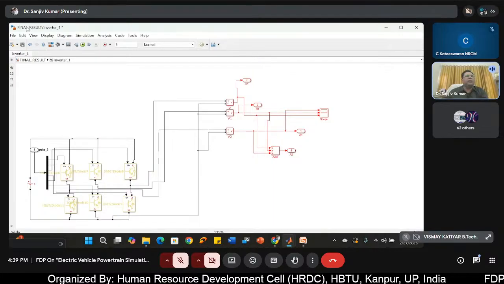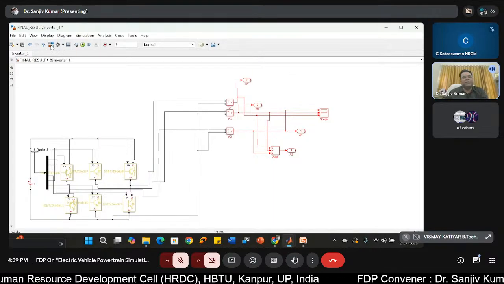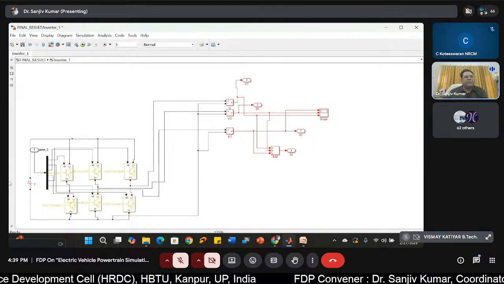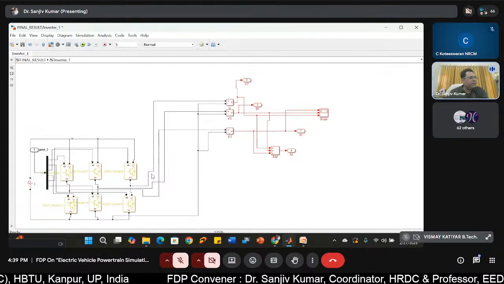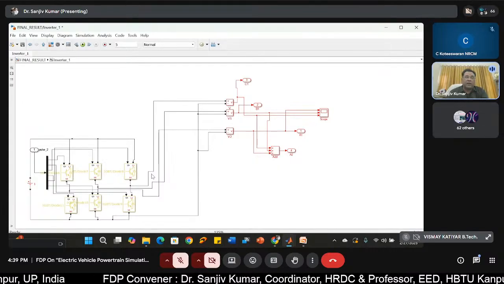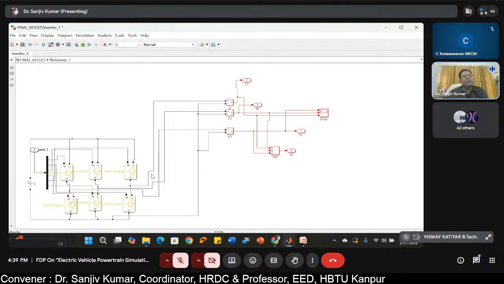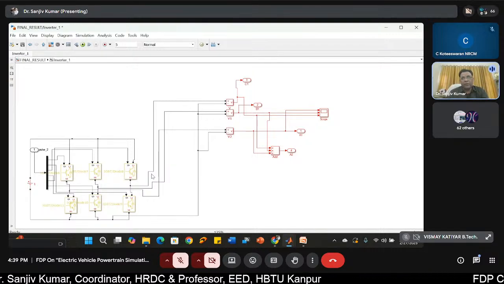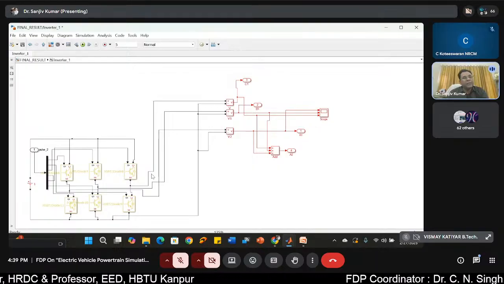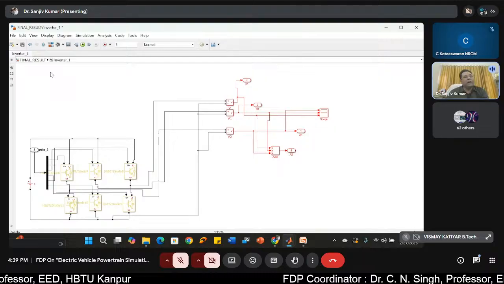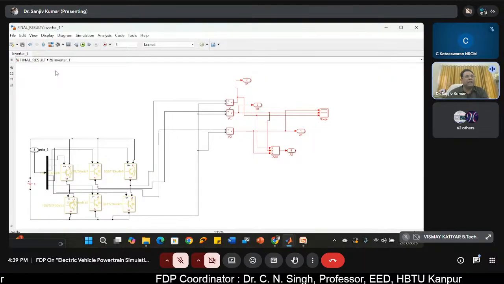I would like to tell at the beginning which component is from which toolbox, because yesterday, if you remember, Dr. Saurabh already told you that SimPowerSystems is now purchased by OPAL-RT. So the entire simulation is made in SimPowerSystems, and hardware implementation and real-time simulation is carried out on the OPAL-RT.